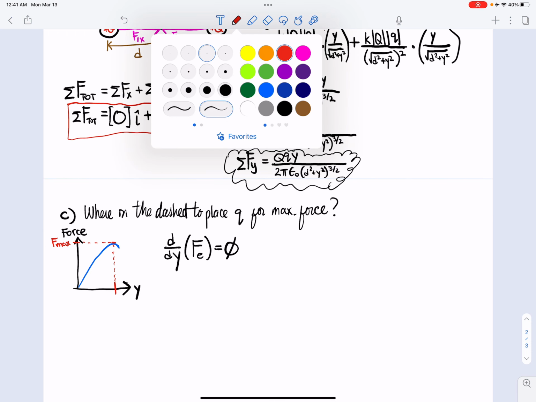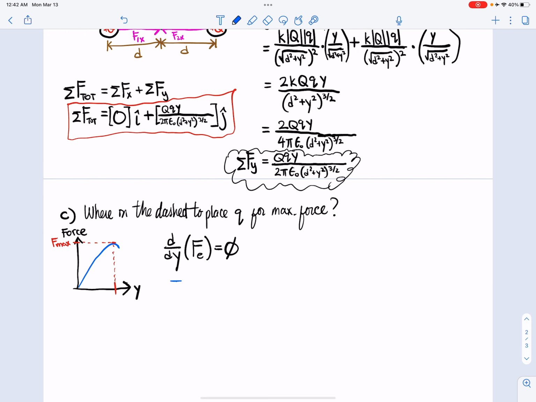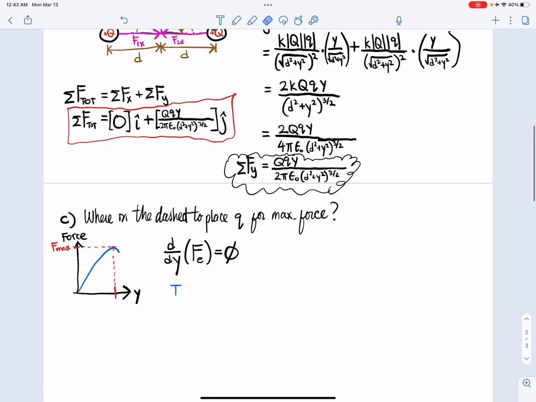And remember, the reason for that is because the derivative of a function describes the gradient or slope. So when we want to find the maximum or the minimum even of a function, we want to find the point where the gradient or slope changes from a positive slope to a negative slope, or vice versa.